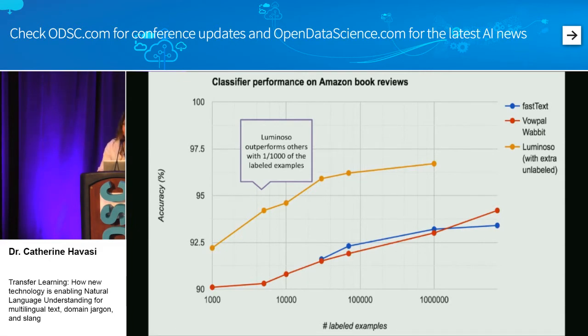This is kind of an easy task for us, but we're predicting outcomes of book reviews using transfer learning into that domain, and we're not using any additional labeled examples. So we have no labeled examples, and we're still improving in accuracy. So it's the same type of curve that you're going to see. You really do see that in real life.